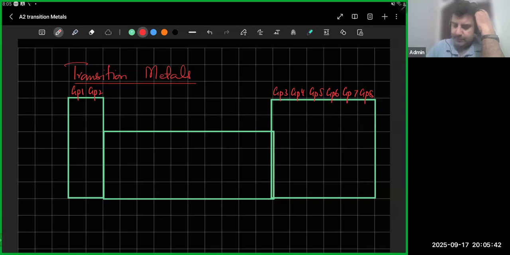Now, the first block is known as your S block elements, these ones. These ones over here, they call your P block elements.